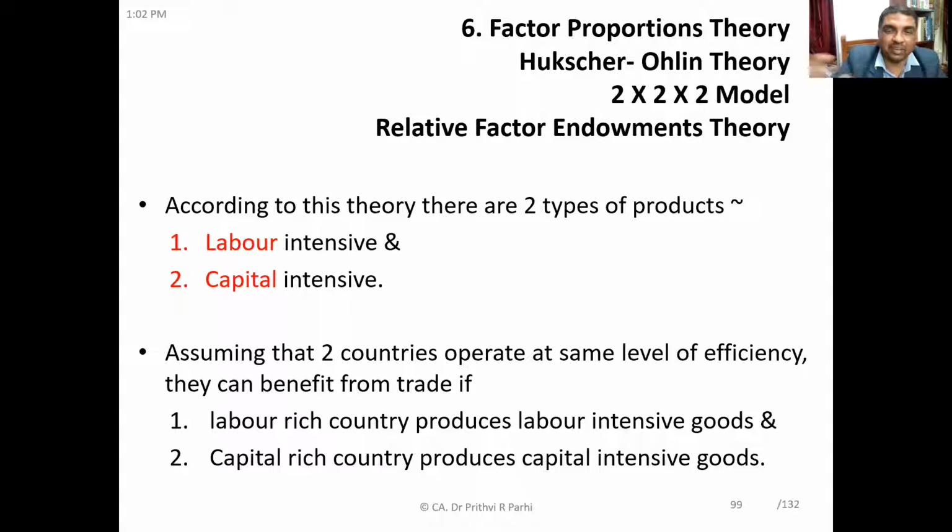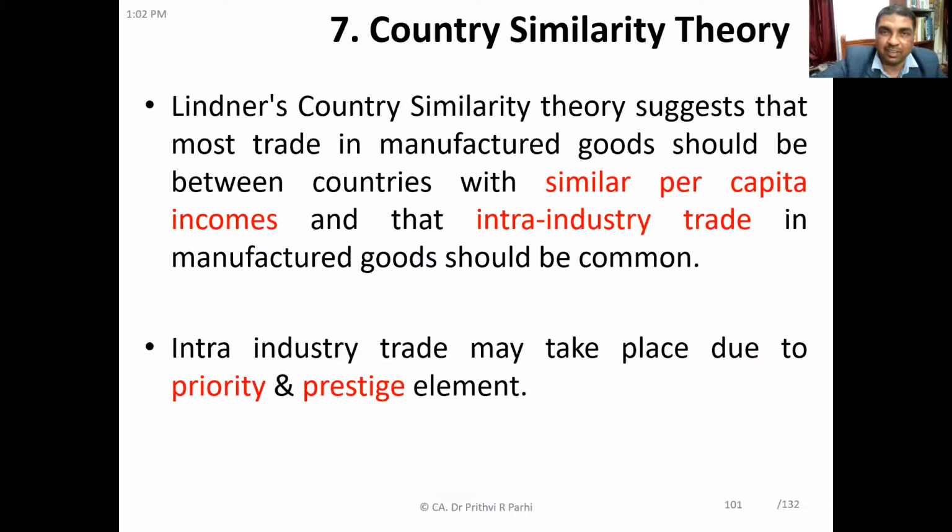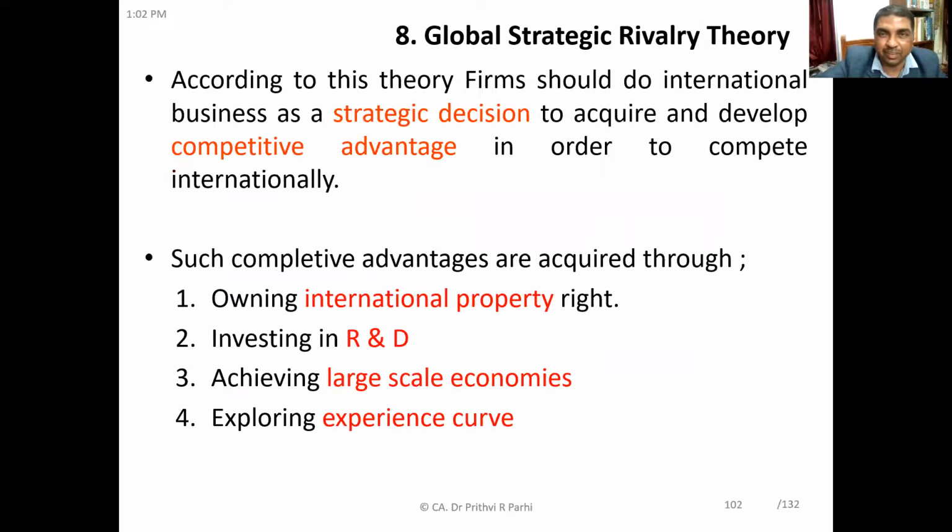So as such, the labor-rich country should produce labor-intensive goods, and the capital-rich country should produce capital-intensive goods. Then the country similarity theory: trade may happen between similar countries, just because the customer might have a preference for a foreign product, or because of the involvement of a prestige element.